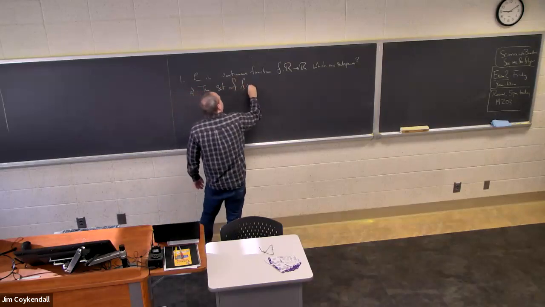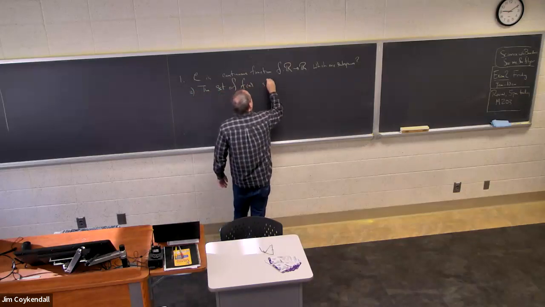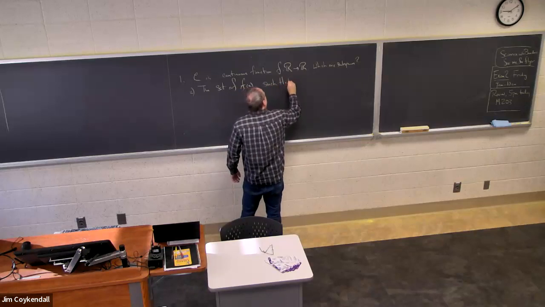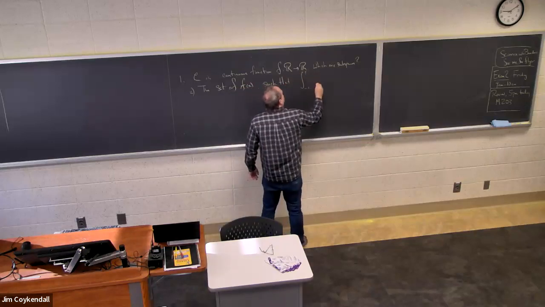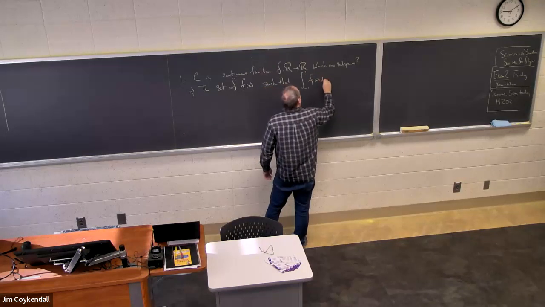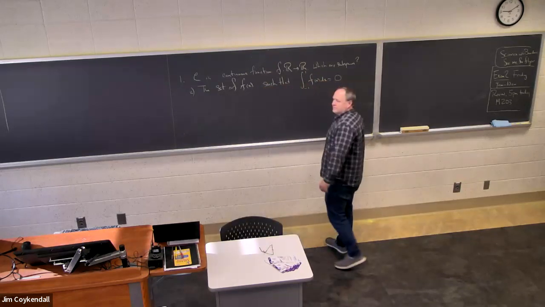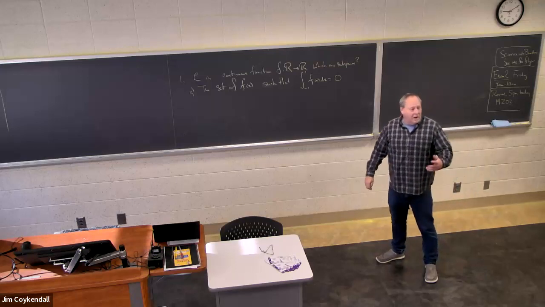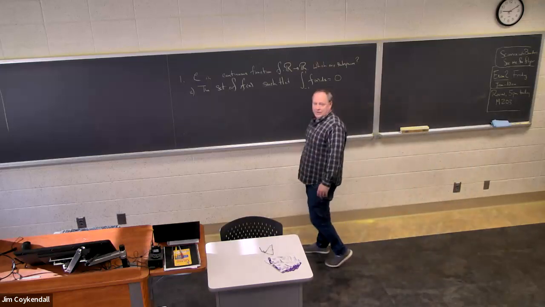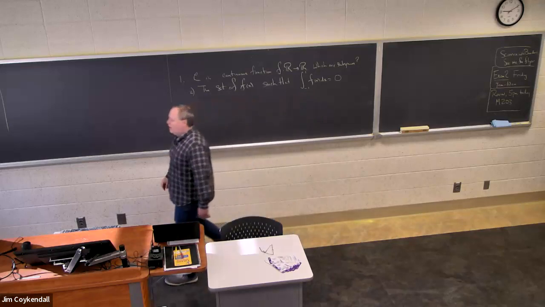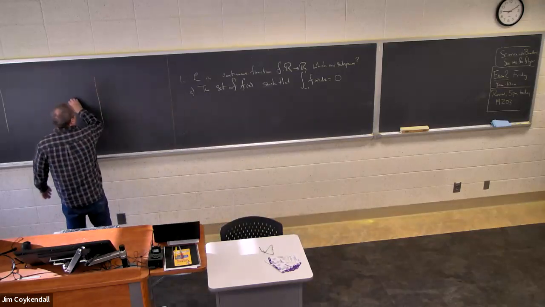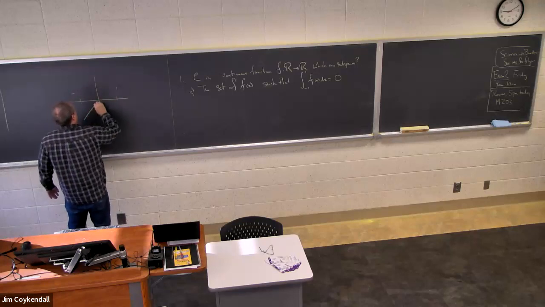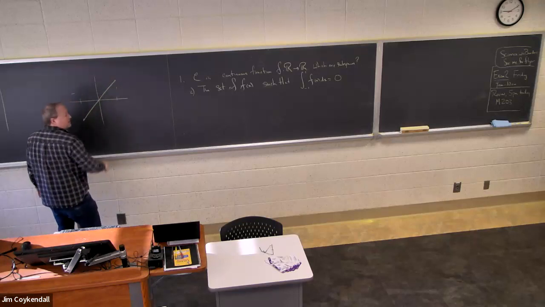The first is the set of f of x continuous such that the integral from -1 to 1 of f of x dx is equal to 0. Now, we're looking at all continuous functions that have this property. And there's lots of them. How about that?